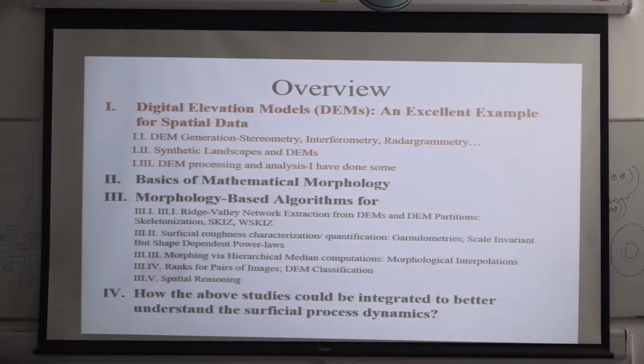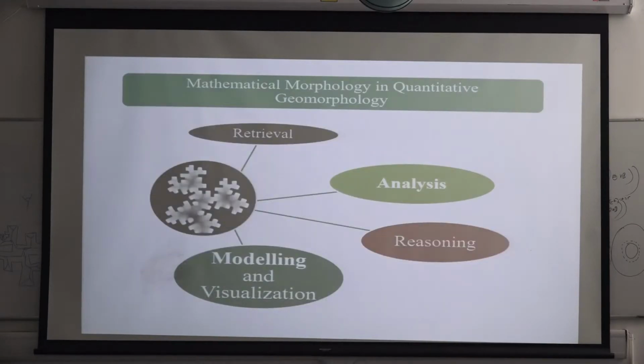And how these above studies could be really useful in understanding superficial process dynamics. There were some ideas I have given, and very quickly I will show. These are some of the main ingredients of understanding spatio-temporal dynamics. You have data, very precise noise-free data, and you should be able to retrieve very unique hidden features, and you require good algorithms for that.